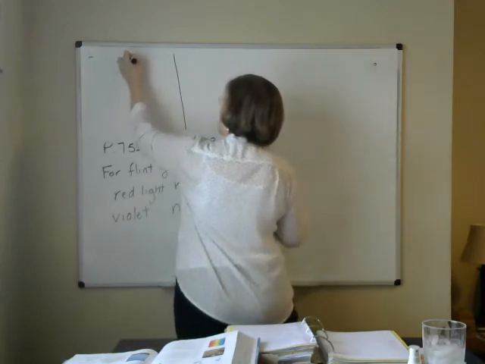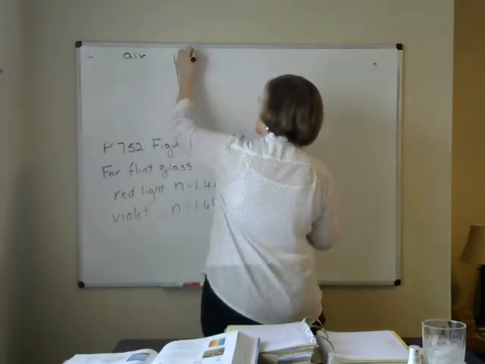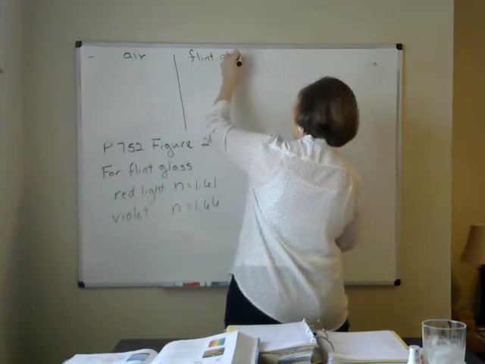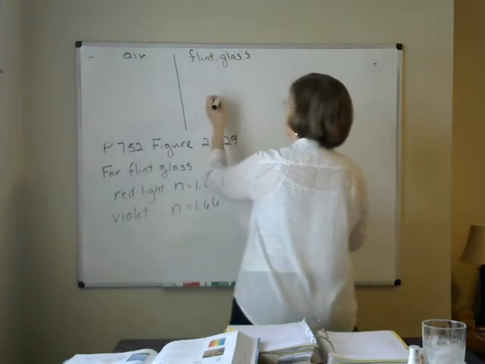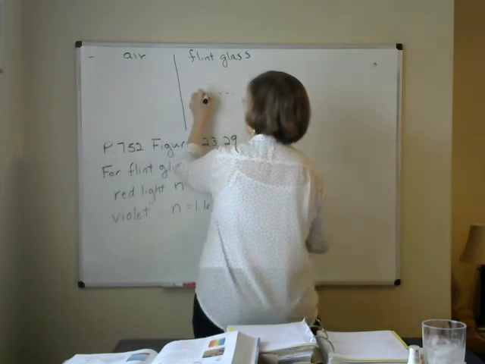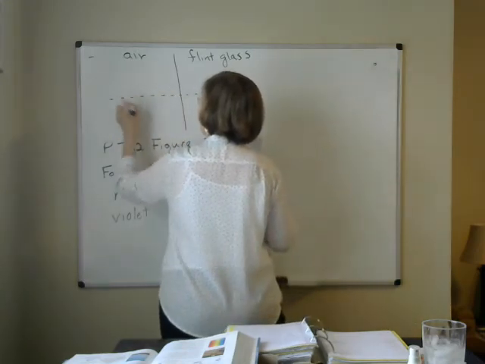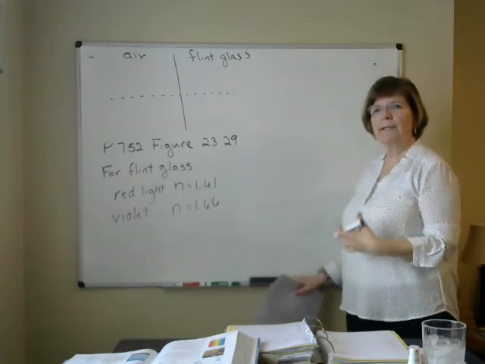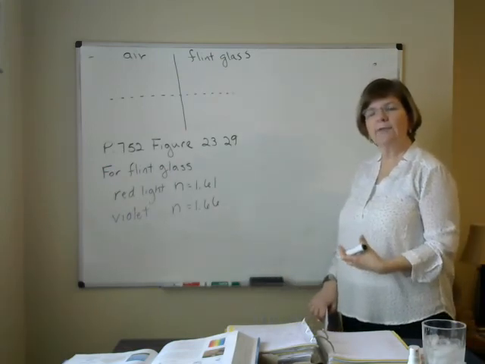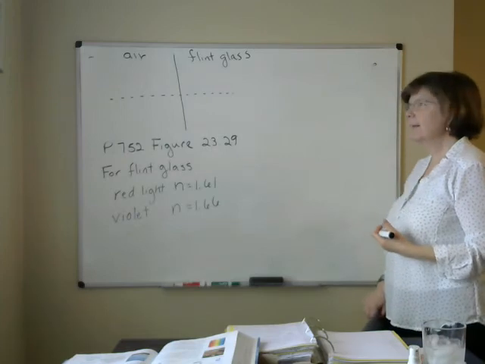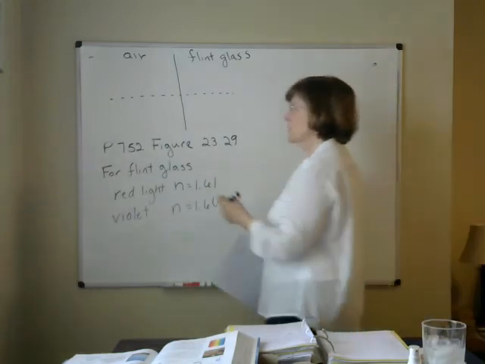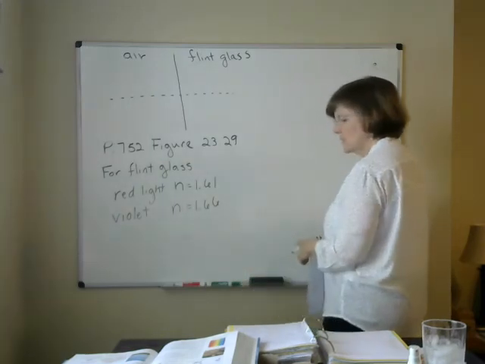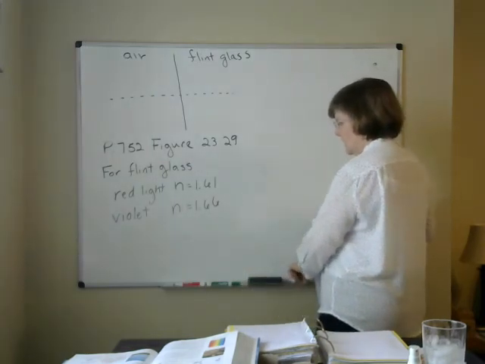I'm going to let this side be air. I'm going to let this side be flint glass. Remember, when we enter something that is more optically dense or has a higher index of refraction, we expect it to refract towards the normal. So it looks like the violet light is going to bend more towards the normal than the red light.